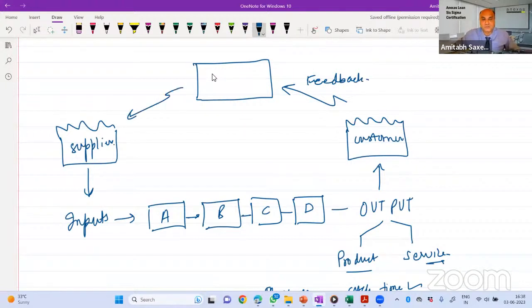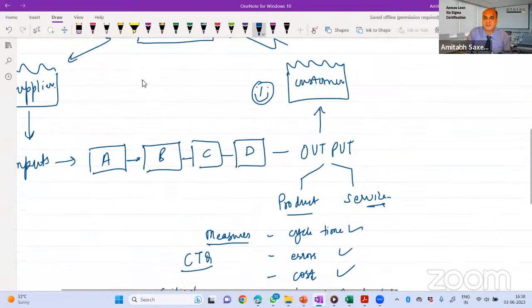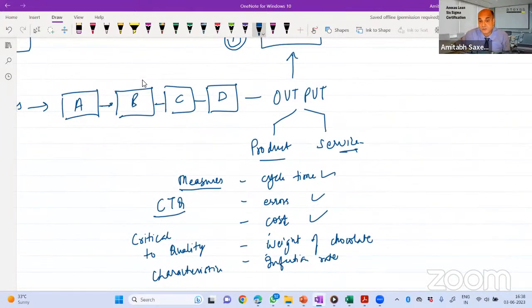This feedback will also be received by your strategy team, which is making the strategic plans. They will ask the suppliers to provide those inputs so that the customer is satisfied. So the customer is satisfied or dissatisfied based on those CTQ measures.